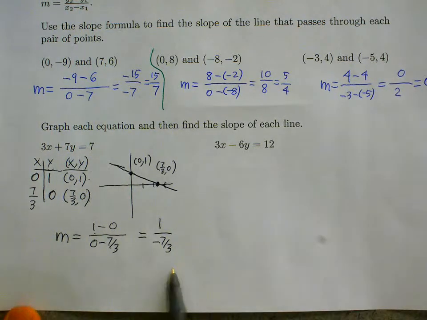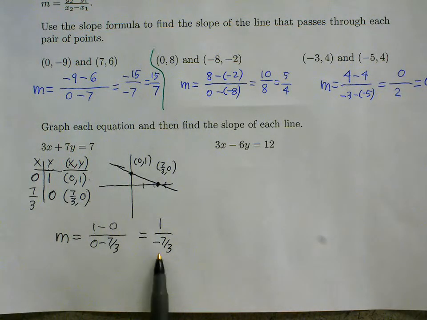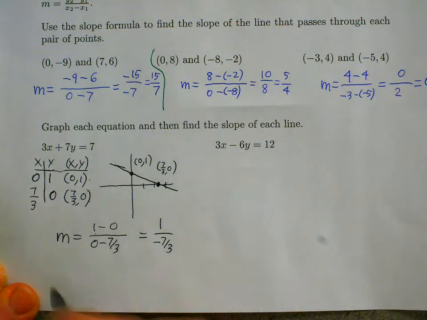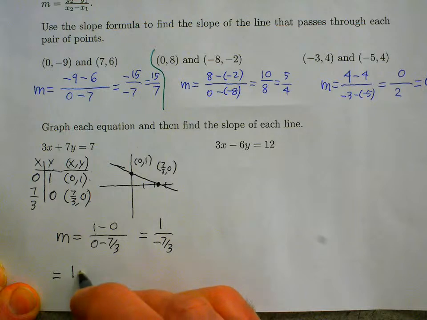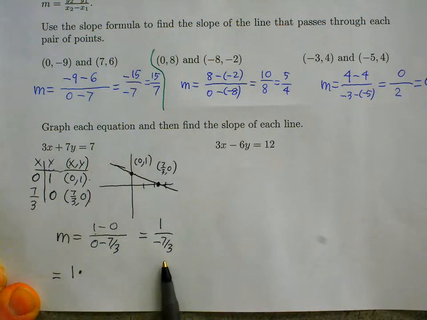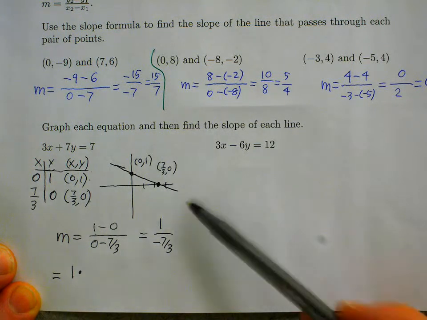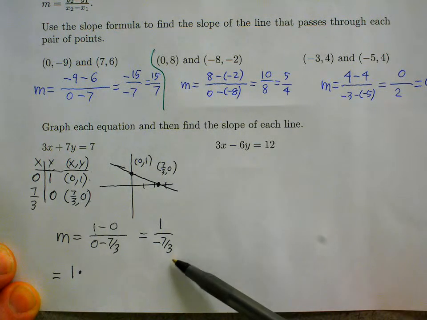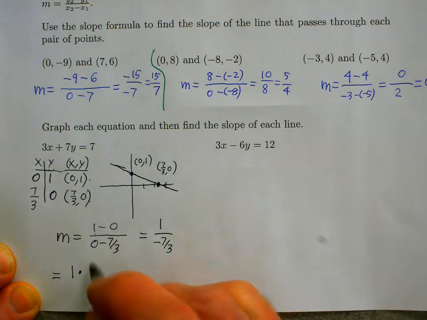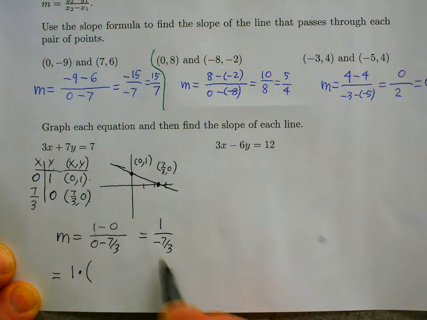So this gives us a chance to review some fraction arithmetic. 1 divided by negative 7/3 is equivalent to 1 times the reciprocal of negative 7/3.